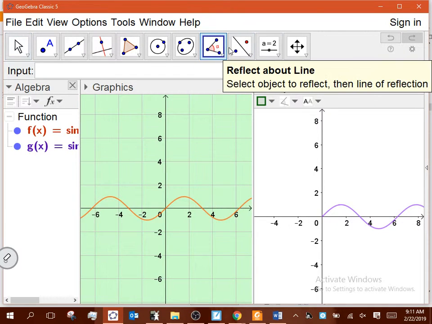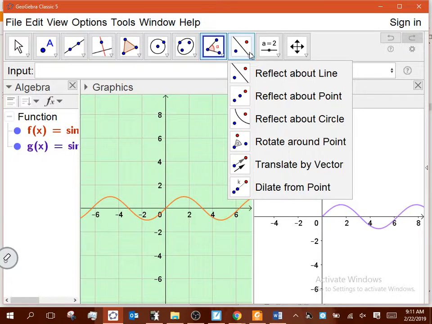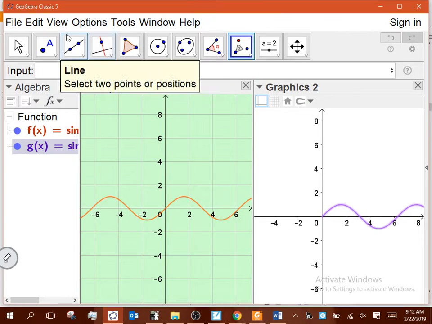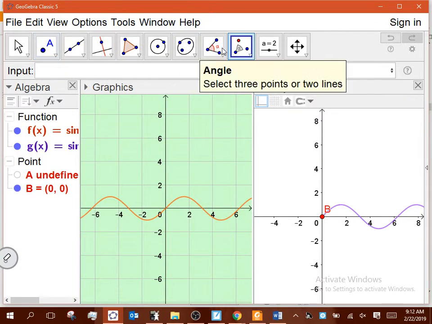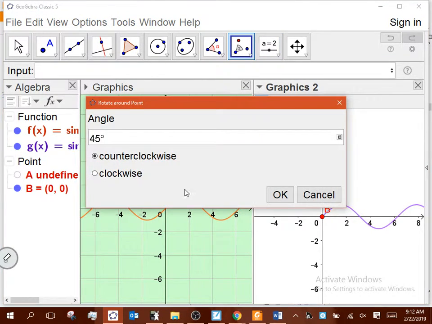But if you remember back to geometry, if I take that curve and rotate it, I need to put a point in here for the origin, 0, 0. So if I take this curve and rotate it around the origin, it doesn't matter clockwise or counterclockwise.